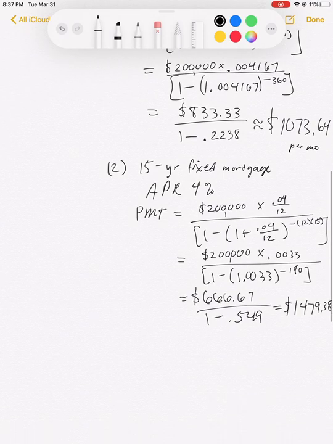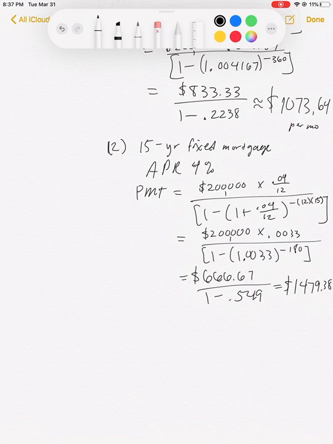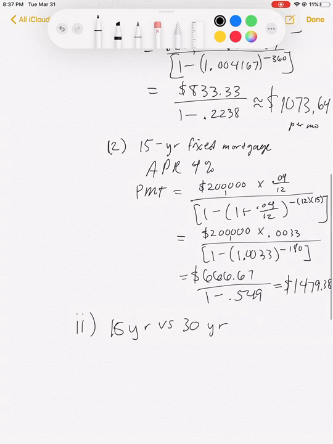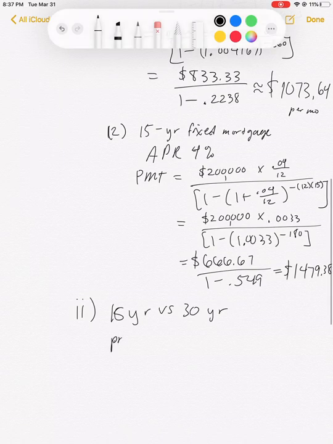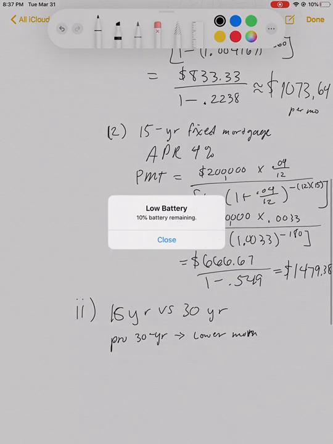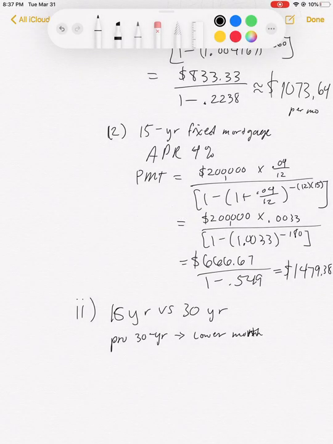All right, so when we have these 15-year versus 30-year, okay, that's Roman numeral 2. We have some pros and cons. So the pro for the 30-year: lower monthly payment. The con for the 30-year is that you have payments for 30 years, okay? That's like a long time.